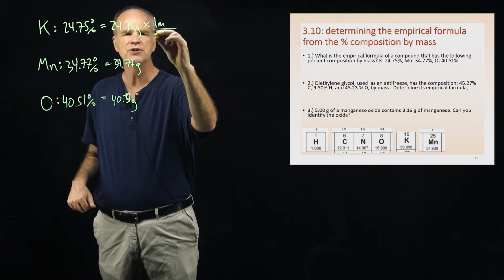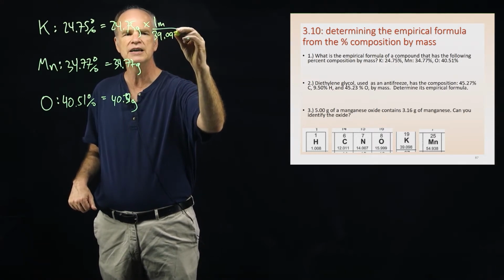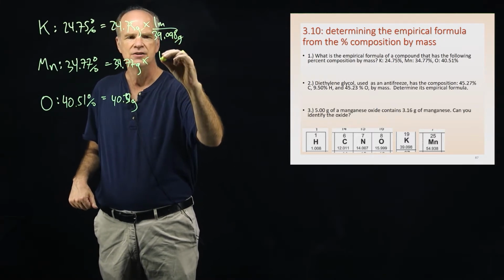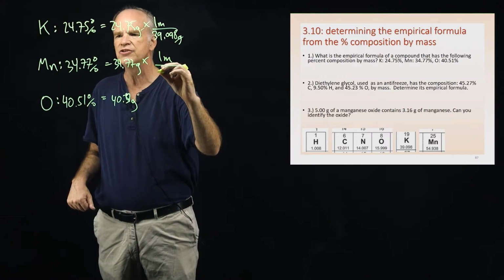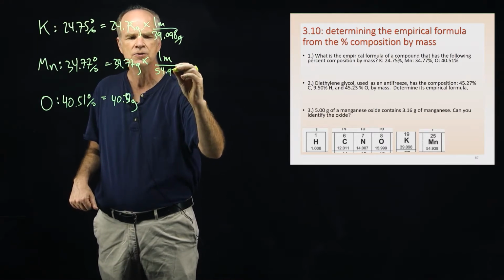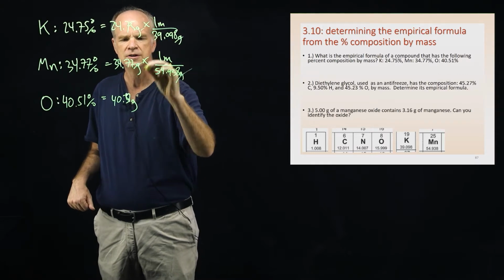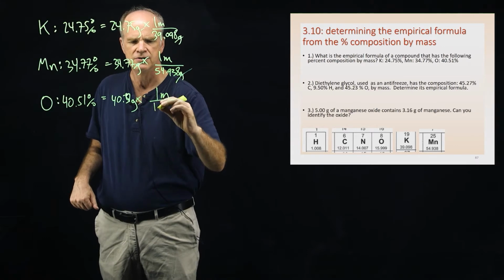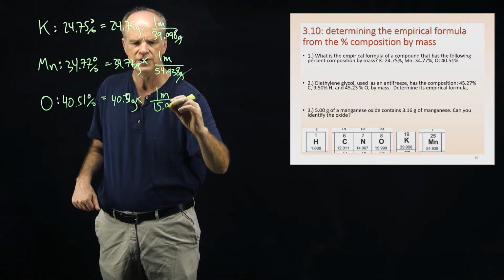So potassium is 39.098 grams per mole. Grams should cancel out. Manganese is 54.938, and oxygen is 15.999.